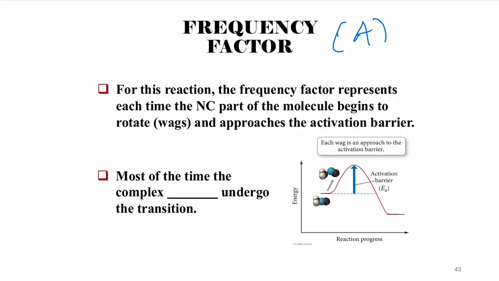And so most of the time, the more complex states undergo the transition, meaning that they make it all the way to the products, right? The farther up the hill you get pushed, the more likely you are to make it to the products.